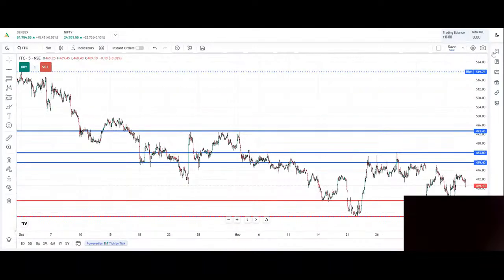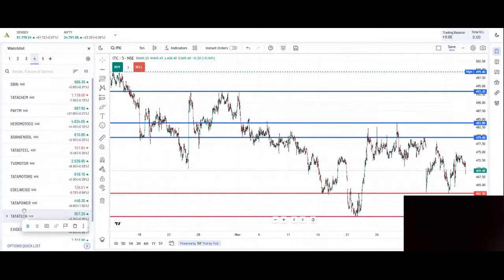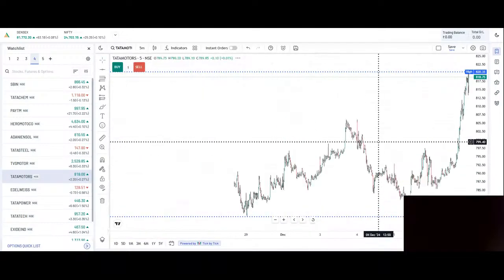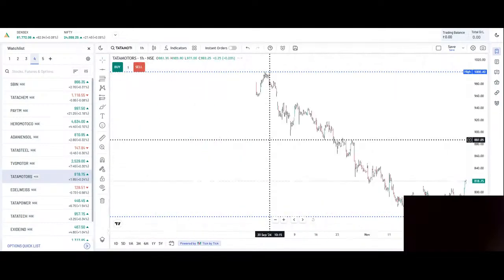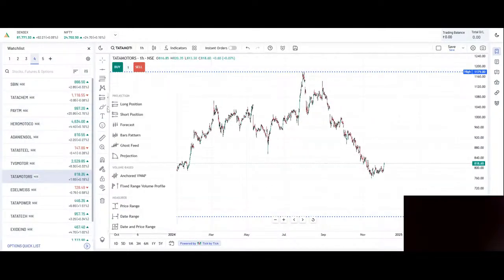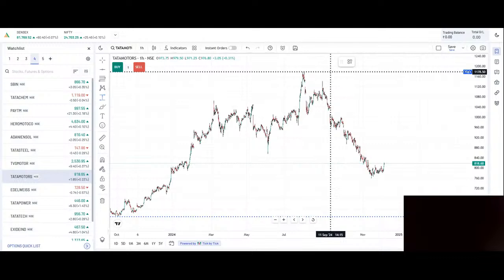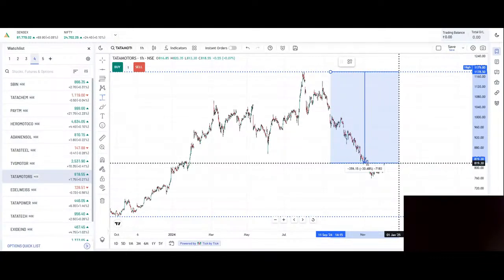Tata Motors is a good buy because it is now down approximately 25 to 30% below its high. If we pull up these price changes, the current price is down by 30%.